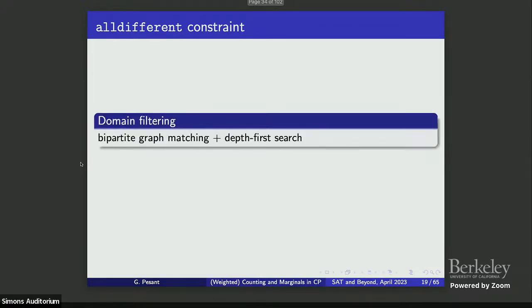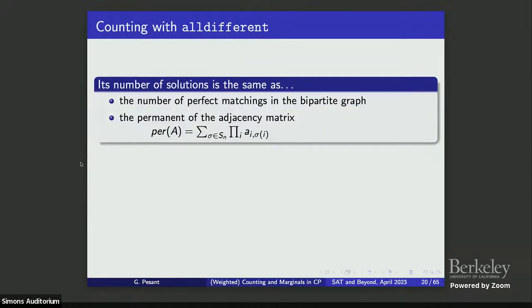We know that its domain filtering doesn't cost you much, as you've seen before. Great. But counting solutions costs you significantly more if you want to do it exactly. The number of solutions, and one speaker alluded to that, I forget who, it's the same: you're looking for the number of perfect matchings in a bipartite graph.